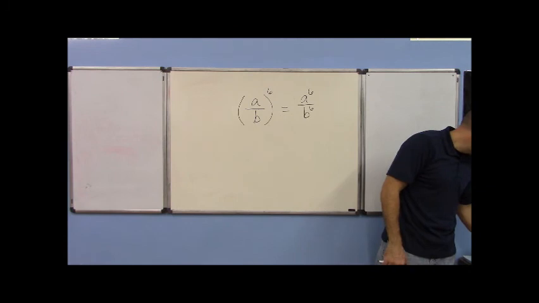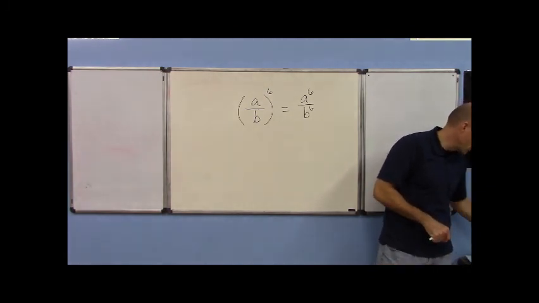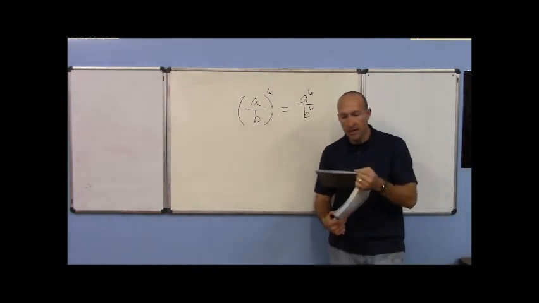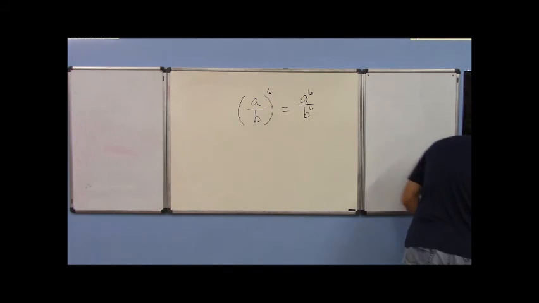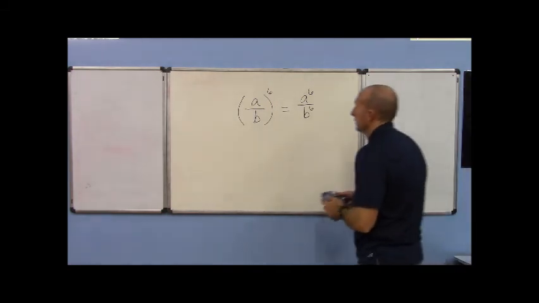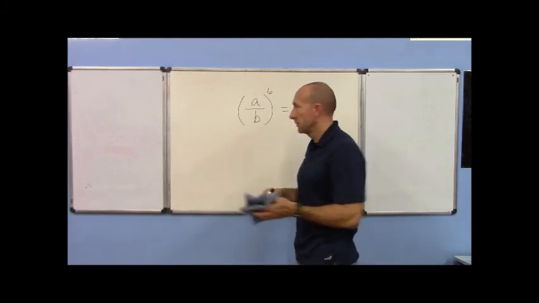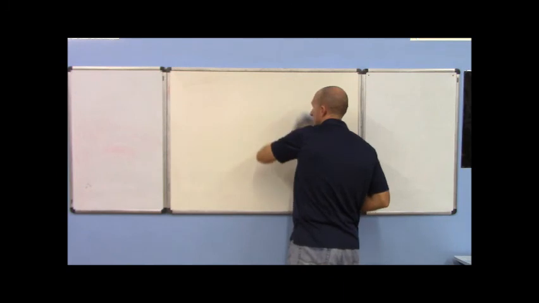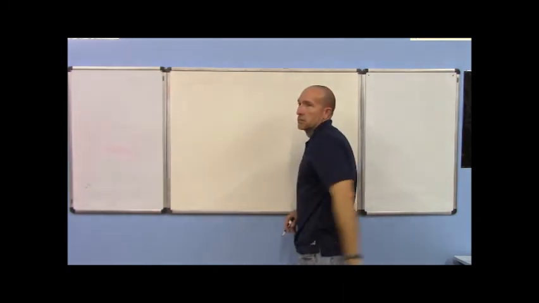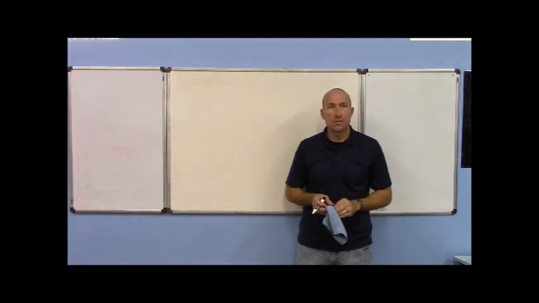Okay, the next definition is a rational exponent. Whenever you think of a rational number, what type of number would you think of? Throw out a rational number, any rational number that comes to mind.